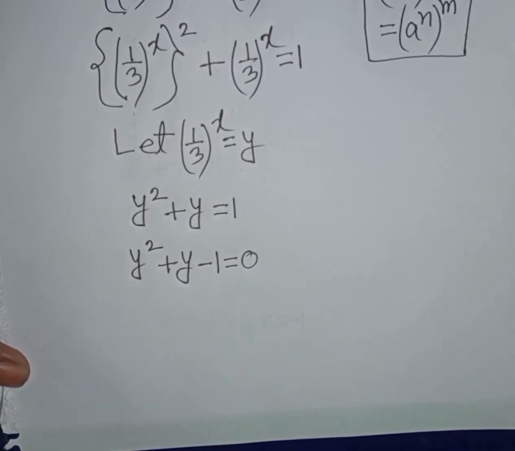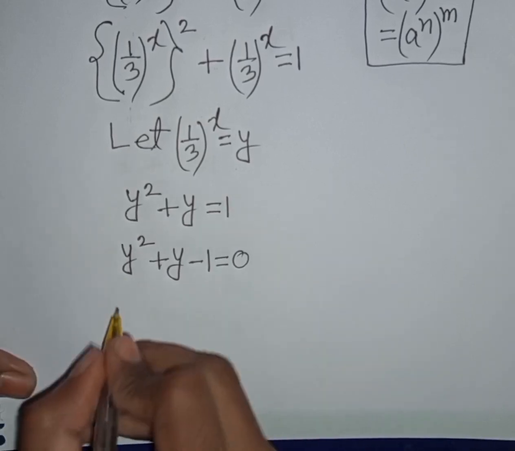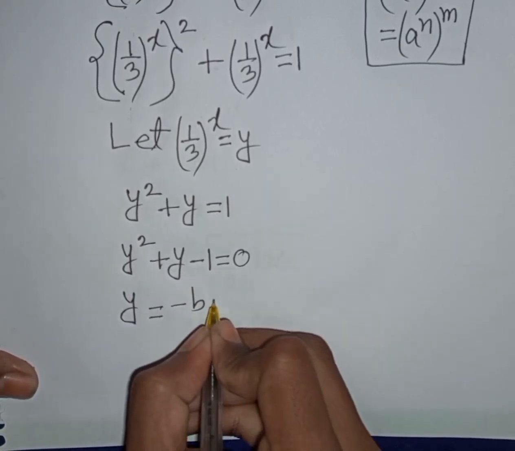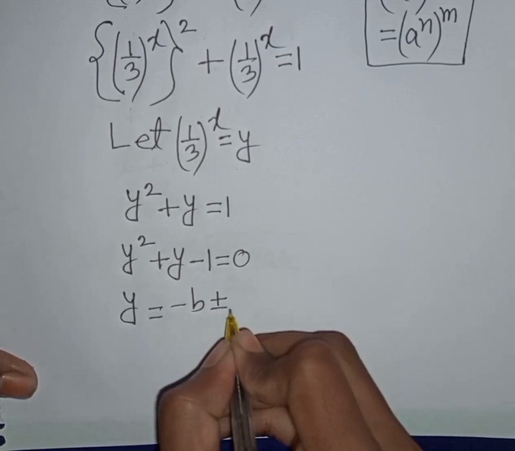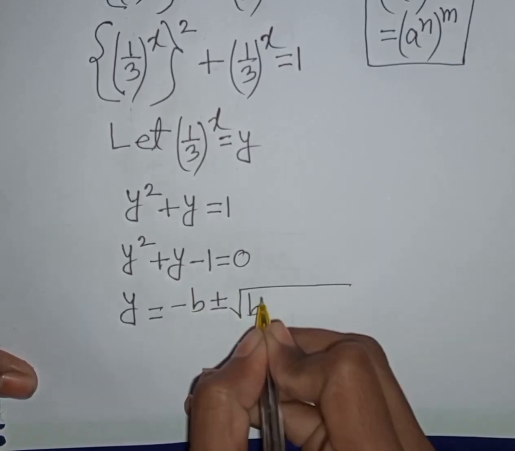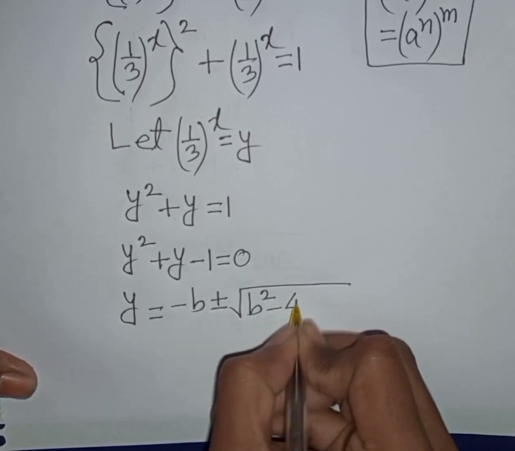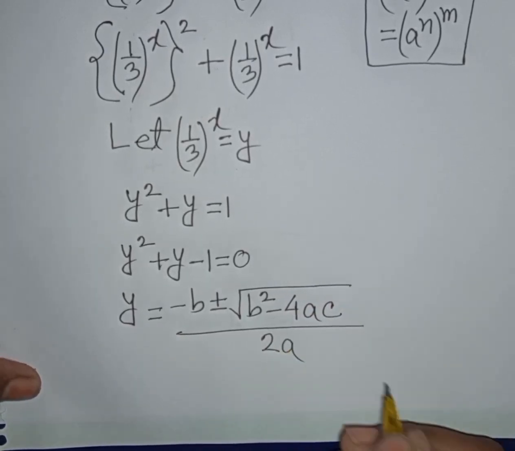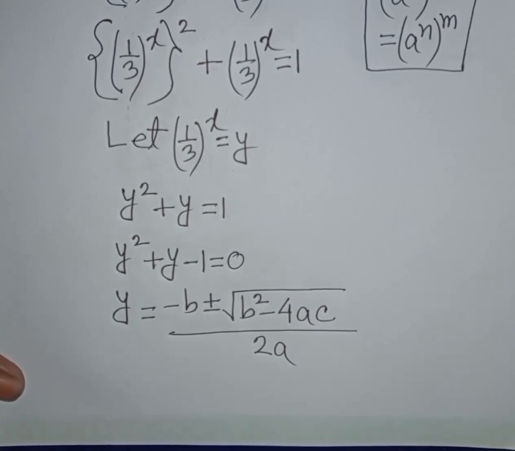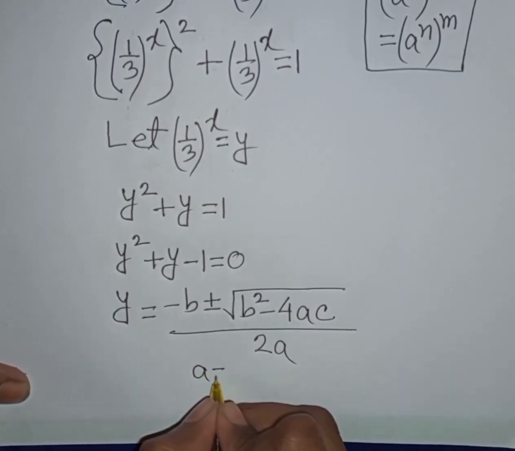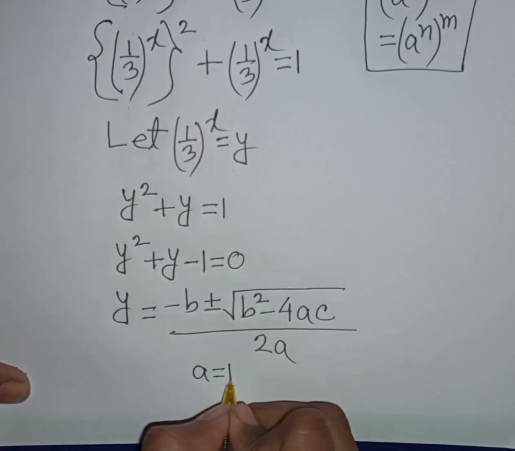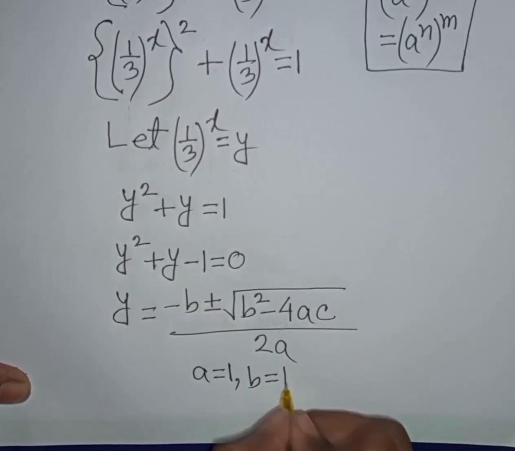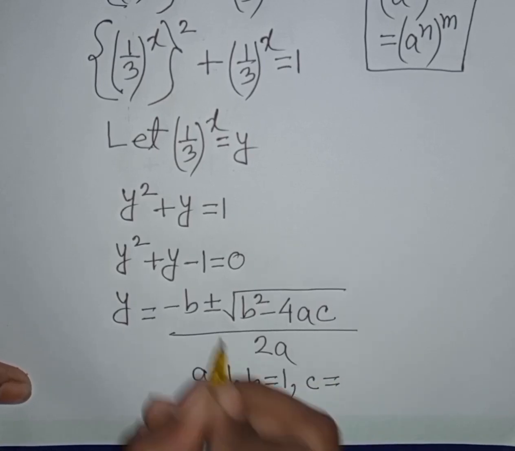Now here I can apply the quadratic formula, so I can write y is equal to minus b plus or minus the square root of b^2 minus 4ac, divided by 2a. Here a will be equal to 1, b is 1, and c will be equal to negative 1.